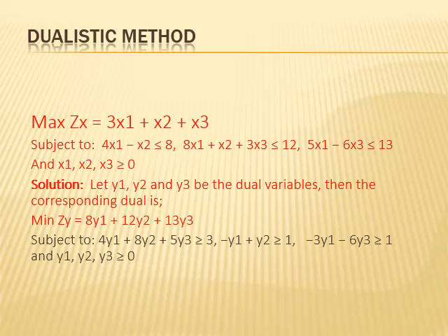So let's return back: if the second constraint is more or equal, we need to fix it as less or equal to be suitable for the maximization problem.